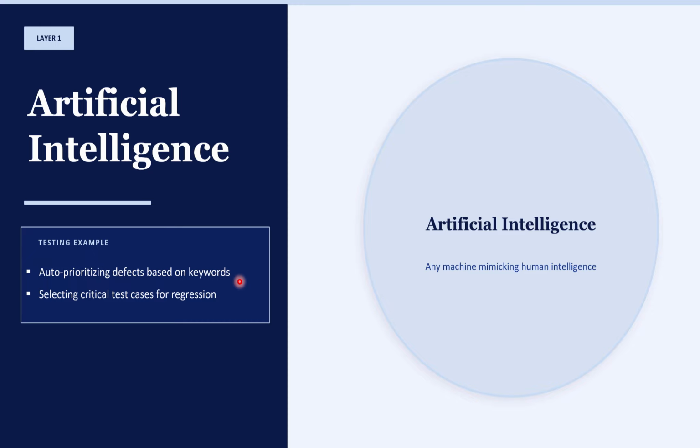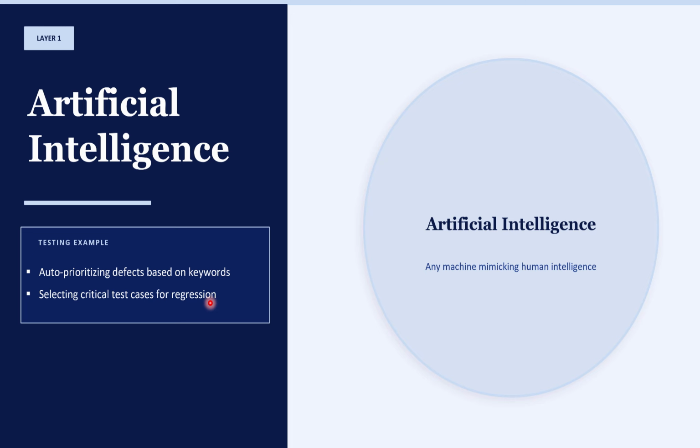Let me give you an example. When a defect is automatically assigned high priority based on keywords like payment failed or login issue, that's AI. It's following predefined rules. It's mimicking how a tester would think.